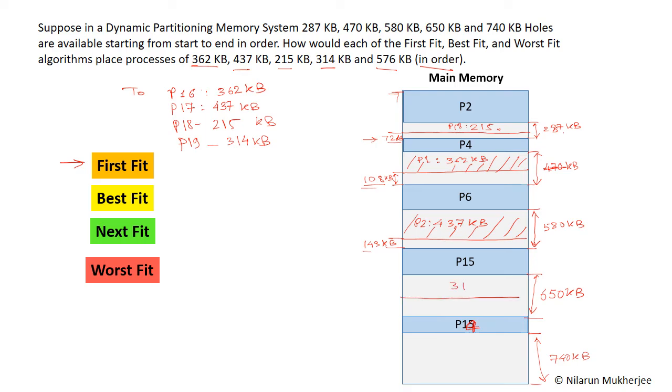Then a 650 kb hole, which is large enough to fit. So it will fit the process here. P4 will be here. So the leftover will be 336 kb hole.